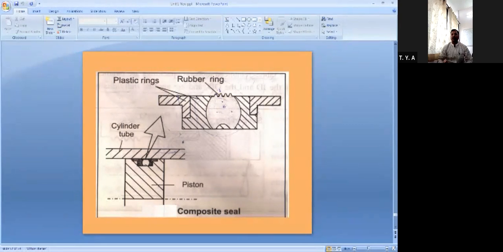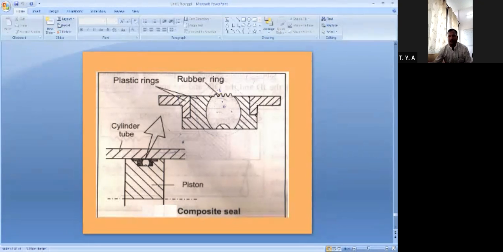So I was discussing this composite seal. The composite seal is used in the cylinder, and its application I have shown in this diagram. The rubber ring is located centrally, and around this rubber ring, 4 plastic rings are used.